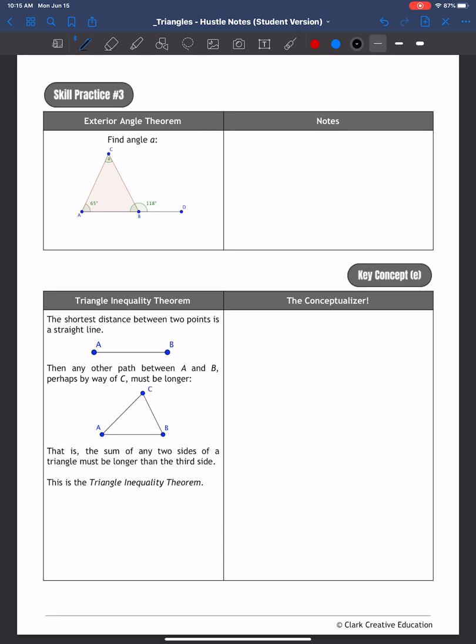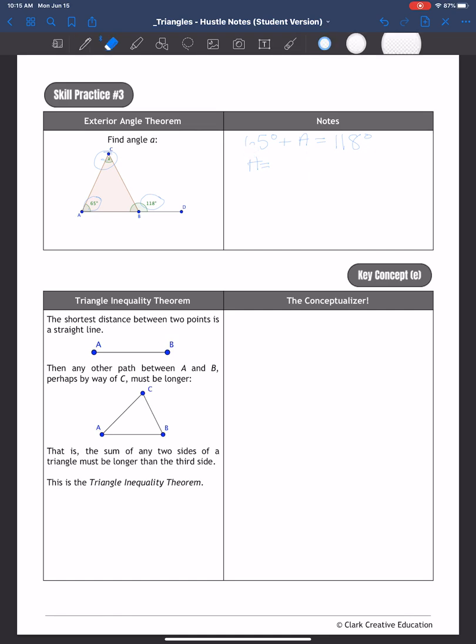This one's a little bit more difficult because they're giving you this number and they're giving you this number and they want you to find A, which is angle C. Well, we know that 65 degrees plus A will equal 118 degrees. So, using all the information I'm given, now I'm going to solve.